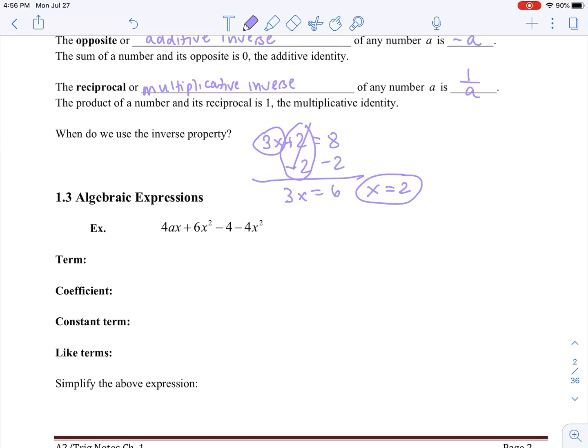So with term, we're looking at the above as an example. A term is an expression that is a number, a variable, or a product of a number and a variable.